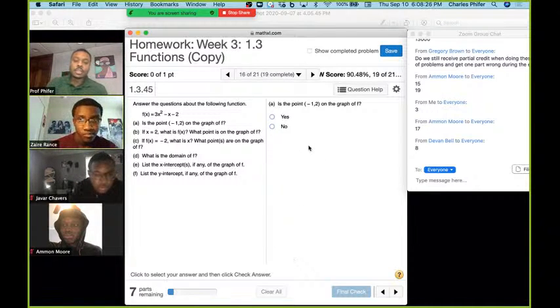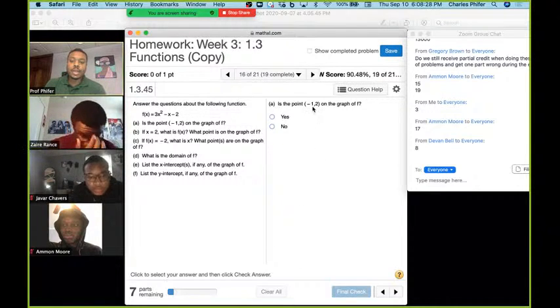Because basically, if we let x be -1, then -1 squared is 1. So 3 times 1 is 3. This is going to be a double negative, so it becomes 3 plus 1, which is 4. 4 minus 2 is indeed 2. So when x is -1, we definitely get a 2. So we're going to say yes there.